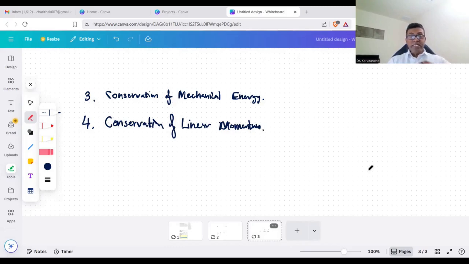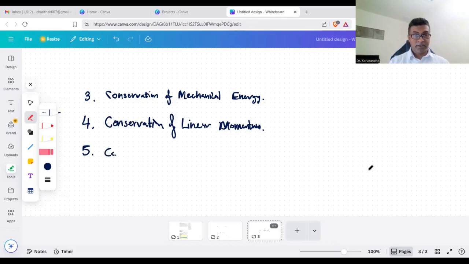If there's no net external force acting on a system, its linear momentum, mass times velocity, does not change.